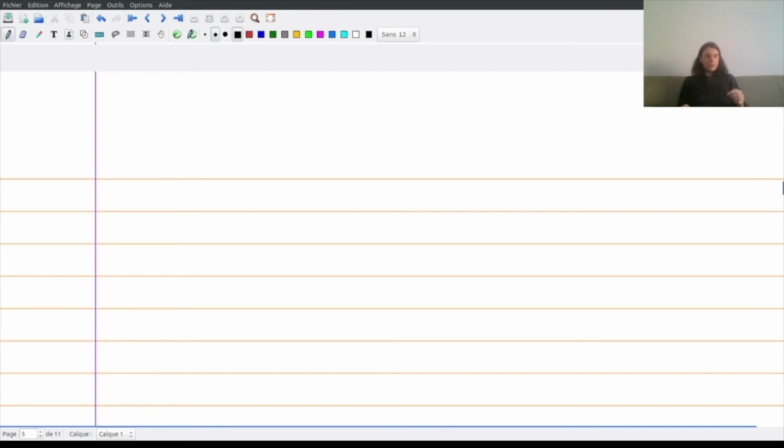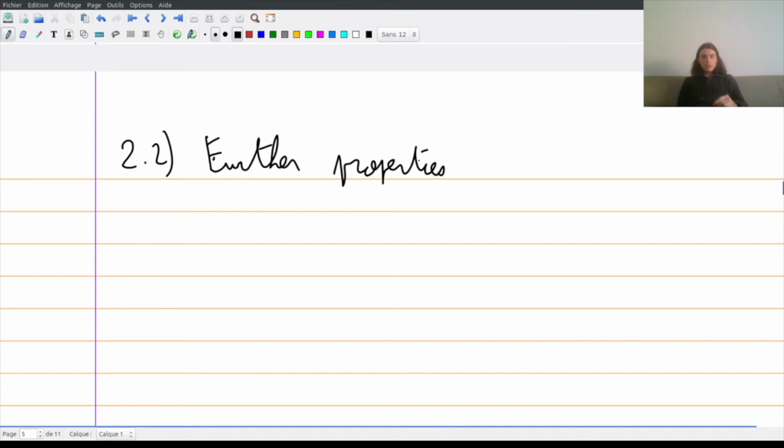So we have seen that the Galois group has a structure of algebraic group, and let me give you some other properties that will be very useful in the sequel.